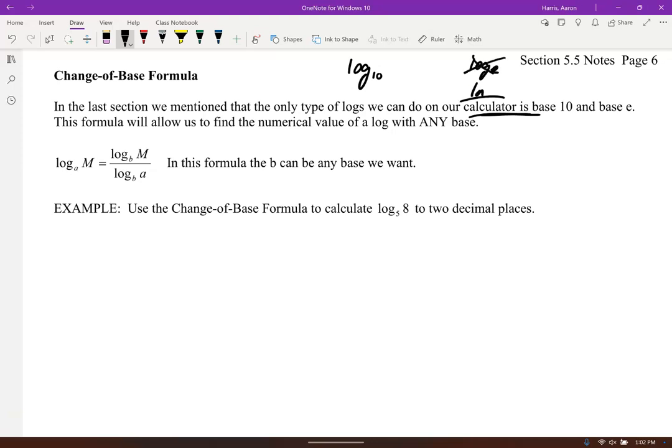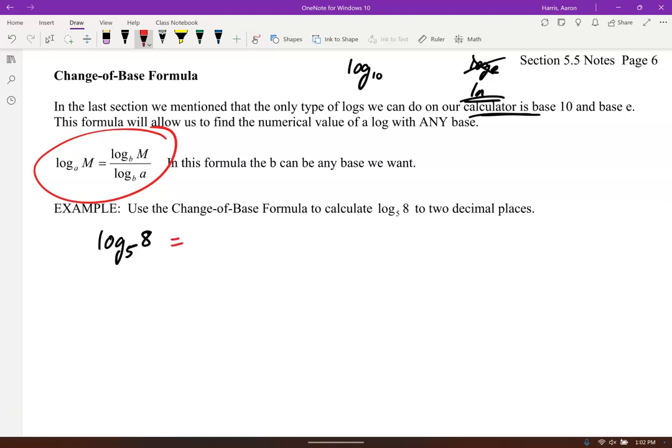We use the natural log key. So with a basic scientific calculator, you're not able to do things like log base 5 of 8, because it's not base 10 and it's not base e. So you can use the change of base formula and just change its base. Let's change it to base 10.